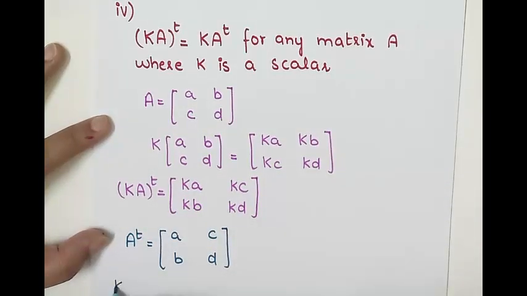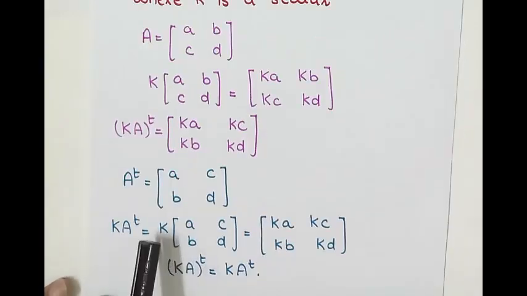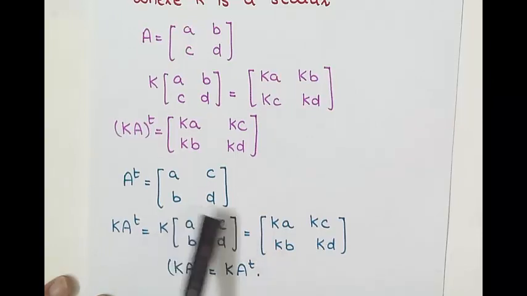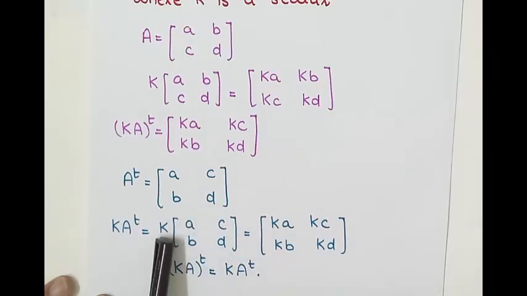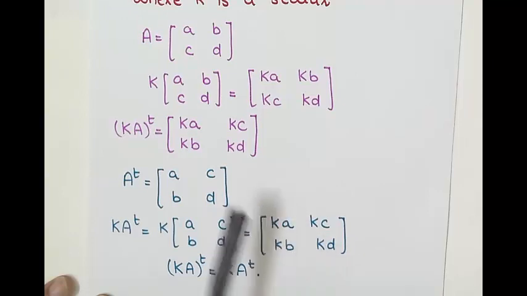Now we will multiply a scalar K with this matrix, and we have KA, KC, KB and KD. So this is equal to this one matrix. So we have KA whole transpose equal to K A transpose.